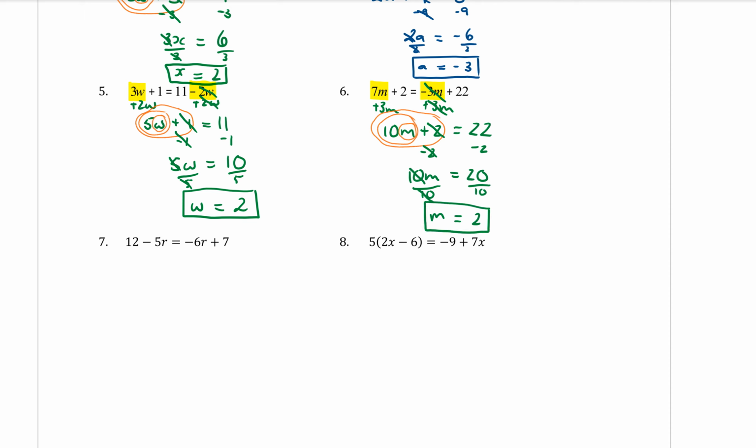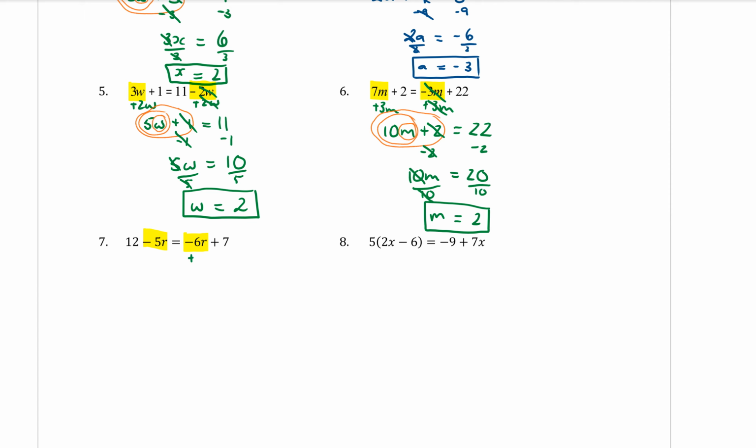Alright, must be time for you guys to have another try. Or maybe this one was a mean one. I'll get you started though. Because look at this. It's minus 5r and minus 6r. Which one is smaller? Careful. Minus 6 is smaller than minus 5. So, what is the opposite of the minus 6?